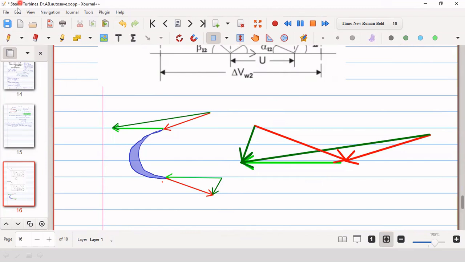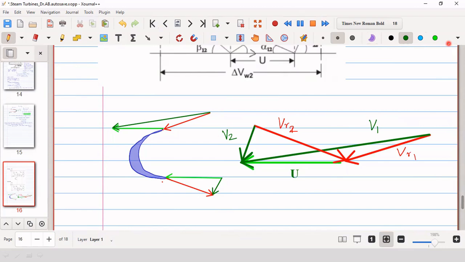So this is the combined velocity triangle. This is U, and this is VR1, VR2, and then V1, V2.